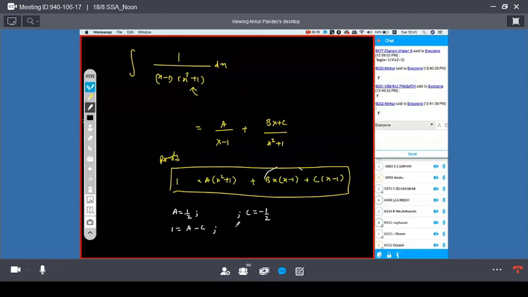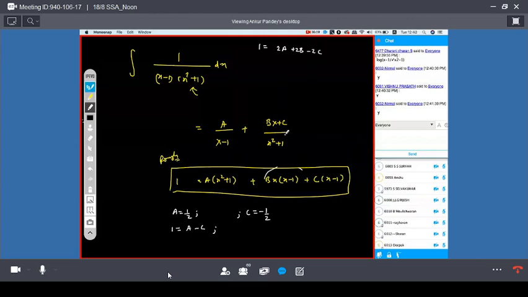Now for b, put any value. Okay. Should not be 0 or 1. Clear? So like if I want to put minus 1. Okay. So if this is minus 1, then we will have the expression as, please note this down, 1 equal to 2a minus b minus 1 is minus 2 into minus 1 plus 2b minus 2c.